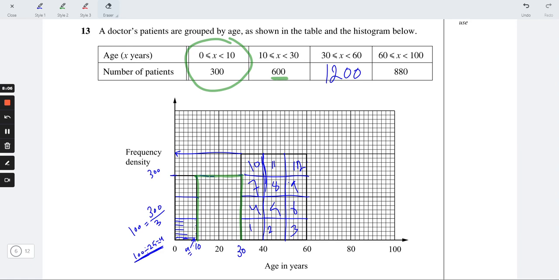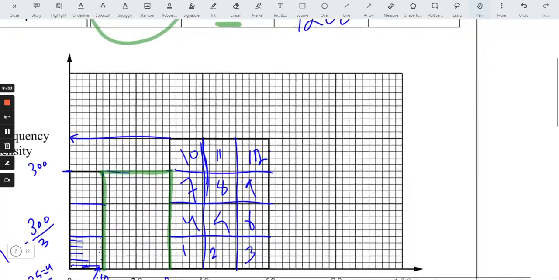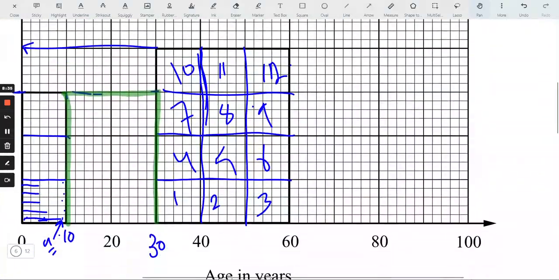Now what is left over is from 30 to 60. It's already drawn here. Now from 60 to 100, this part here, we need 880. So 880, it means, let's zoom it. 880.